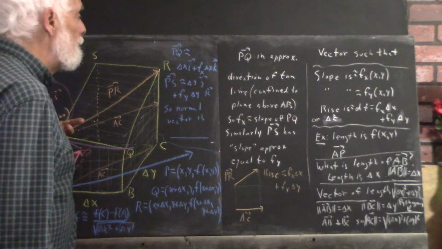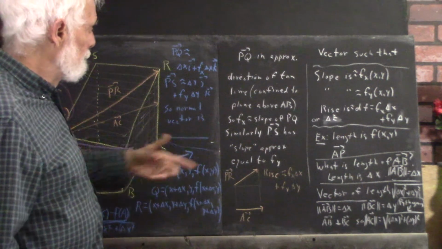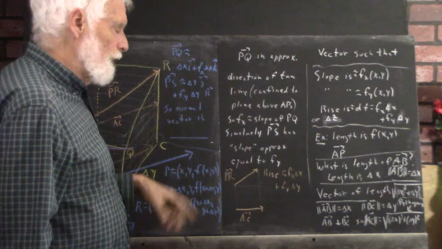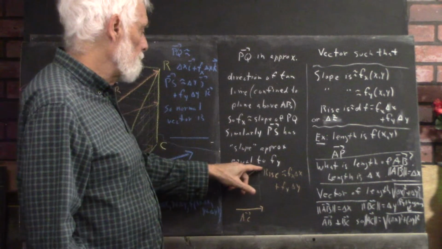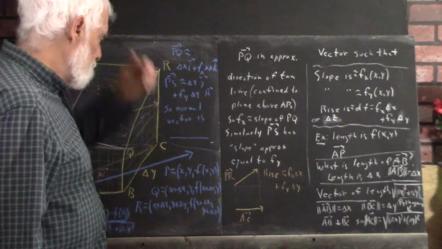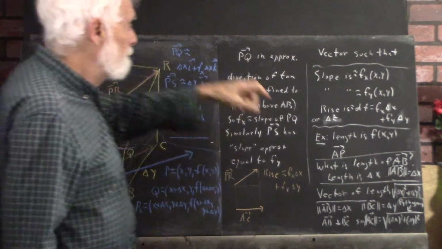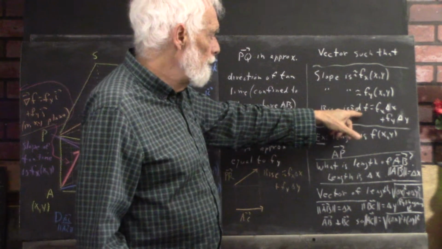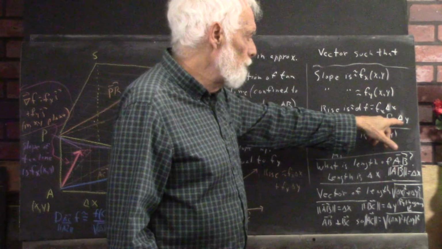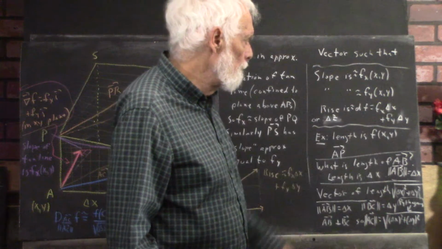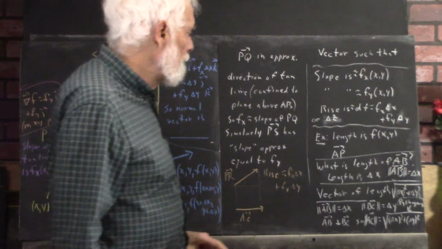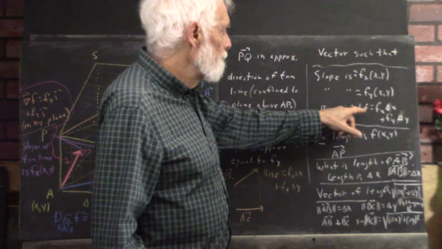The slope of PS is going to be approximately equal to your y partial derivative. Then the rise is approximately df, which is fx dx plus fy dy. It should have been a dx and a dy, but I used the deltas because that fits with the picture. So the rise, delta z, is this.